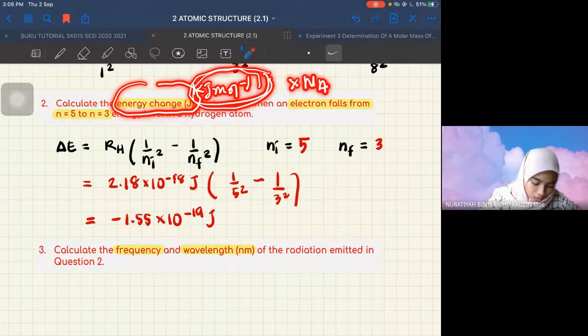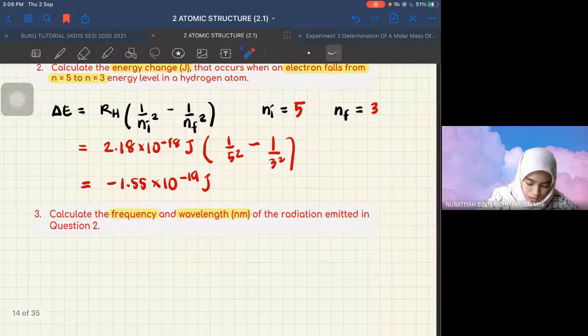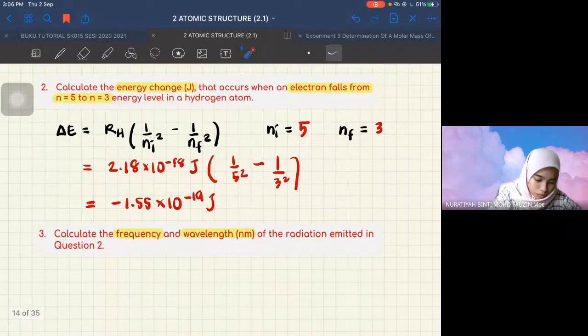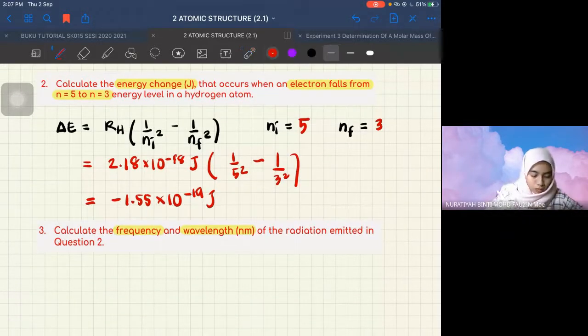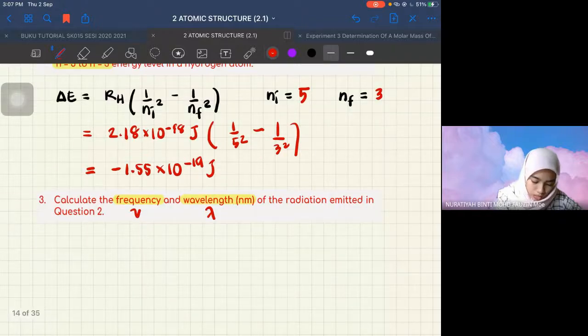Okay, next, calculate the frequency and wavelength of the radiation emitted in question 2. So kita nak cari frequency and wavelength. Okay, kalau frequency, kita dah ada delta E, kita akan guna formula delta E equals to h nu. So cari nu, delta E over h. Okay, so masukkan je lah punya delta E and divide with Planck constant.